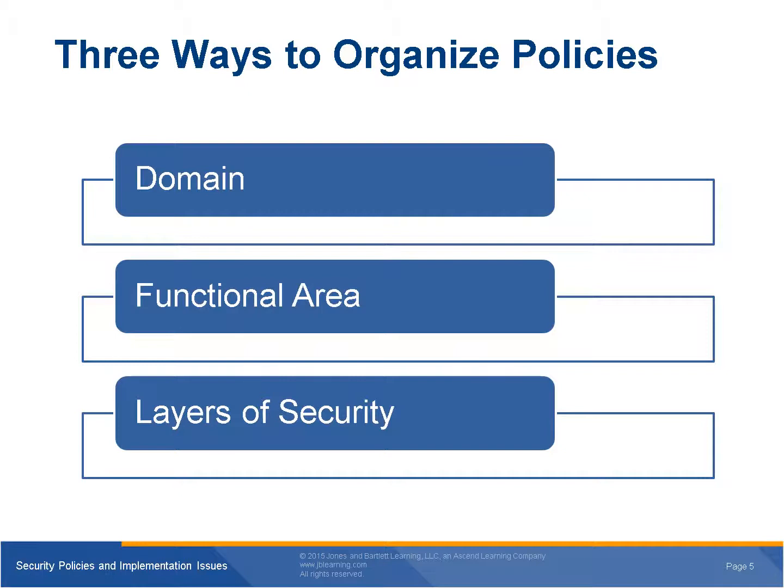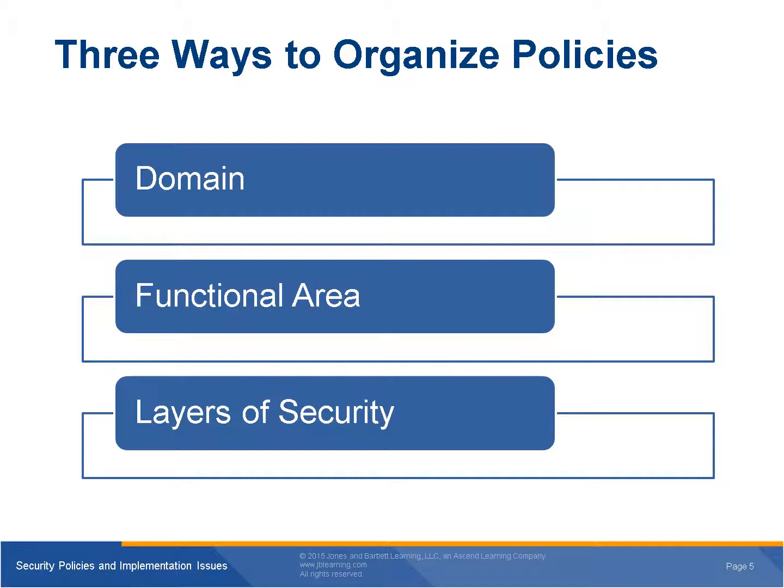Many individual security policies look alike. They often follow the same look and feel. This makes them easy to read and understand. The challenge is how to organize policies as a collection. Policies need to be easily accessible and aligned to how an organization manages its IT environment.